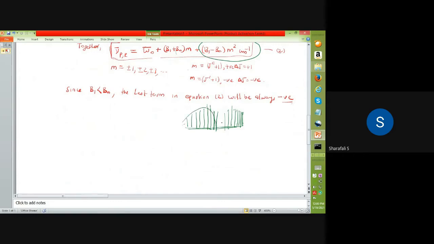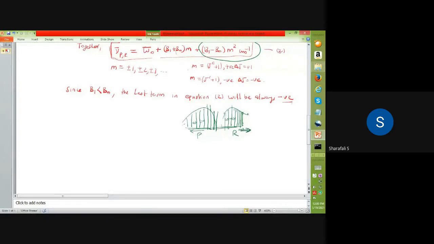We have this diagram, and this is your R. For P, as you move this side, the separation will increase, and here we will have a decreasing effect of separation, as the wave number is increasing on this side.